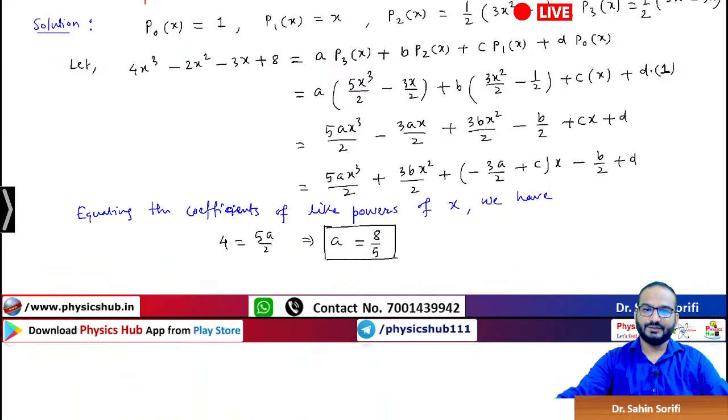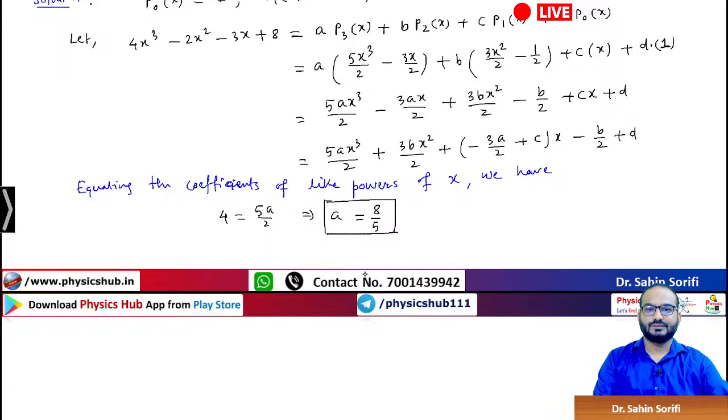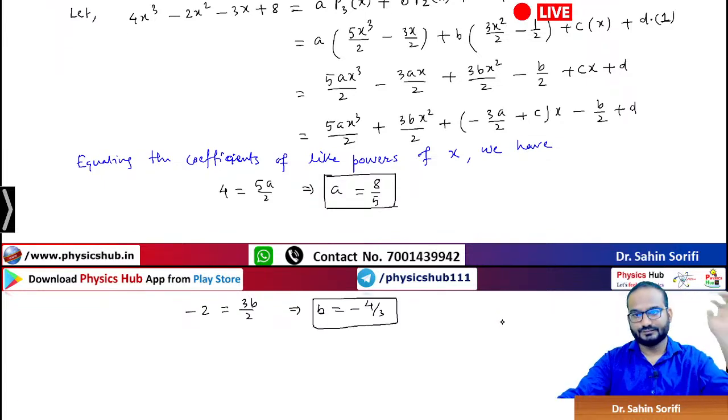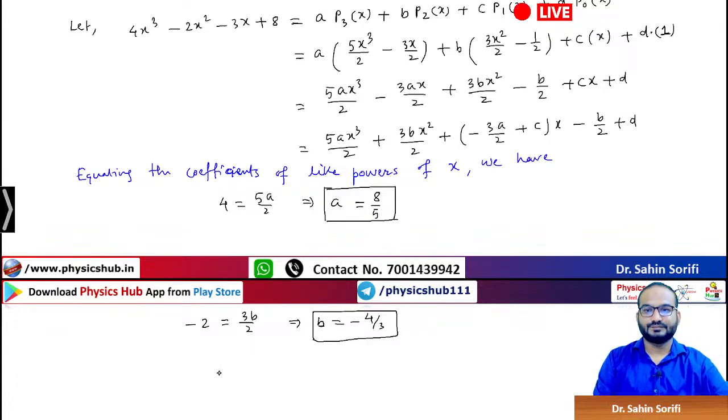Now let's equate for b: 3b by 2 equals minus 2, this gives b equals minus 4 by 3. See how simple it is. Let's equate minus 3 with minus 3a by 2 plus c.